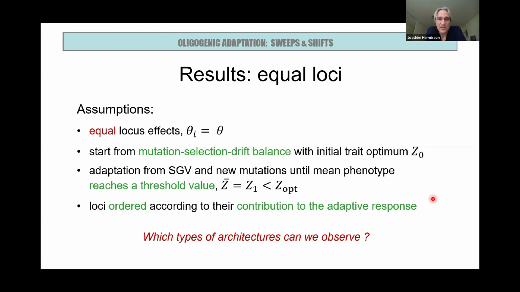And the usual scenario that we consider for standing genetic variation is mutation selection drift balance. So we do have just stabilizing selection prior to the environmental change. And then in our simulations we also equilibrate this for long enough that we have mutation selection drift balance.